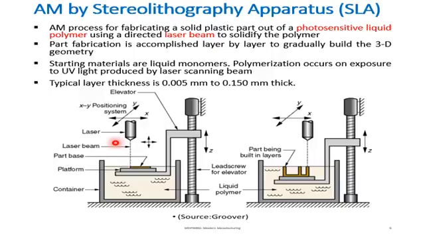So part fabrication is accomplished, in fact, layer by layer, gradually. Once this layer is finished, we allow the platform to go down, allowing a new liquid layer, and then the layer is actually created by the laser beam motion in the X and Y direction, and then the platform moves down for a new liquid layer, and again it is subjected to the laser beam in the X and Y direction, and we can create a new layer.